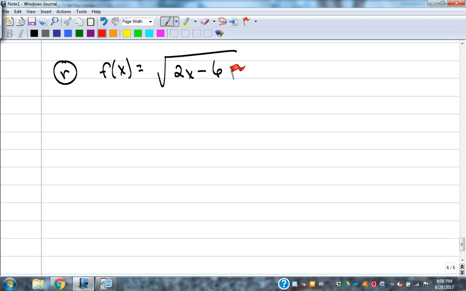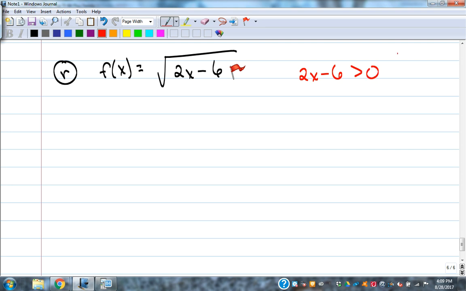So we need to know when 2x minus 6 is positive. How do I represent positive in math? If a number is positive, what do we know about it? It's greater than 0.